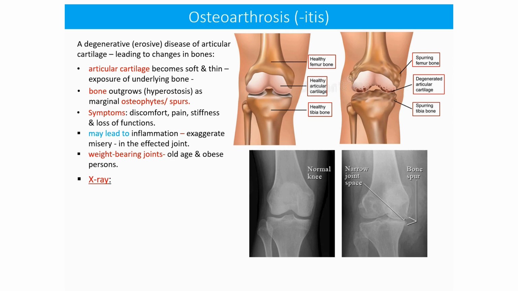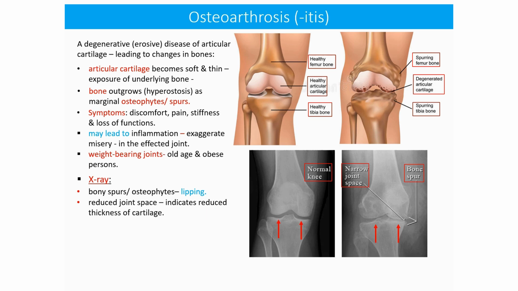On X-ray, we see lipping of the bones because of bony spurs or osteophytes. In addition, there is reduced joint space, which indicates reduced thickness of the cartilage between the bones.